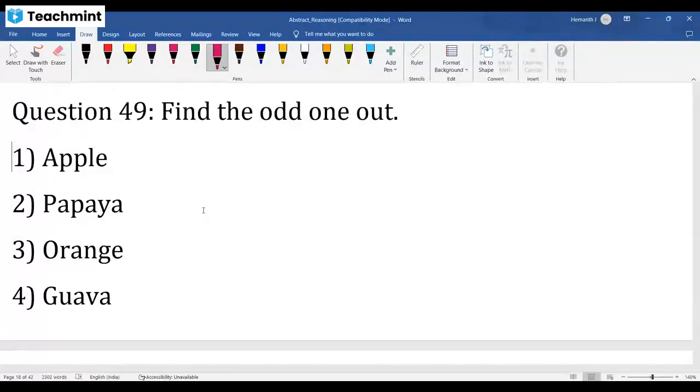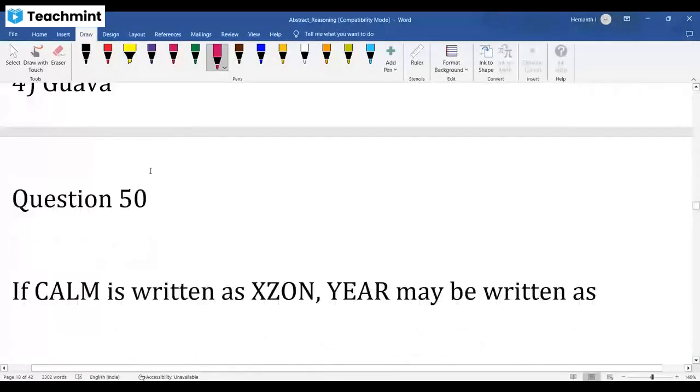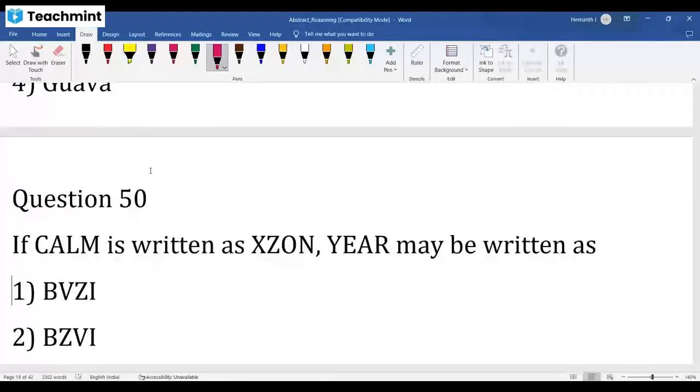Right, so take the screenshot, work on this. Fine, so what about this question?